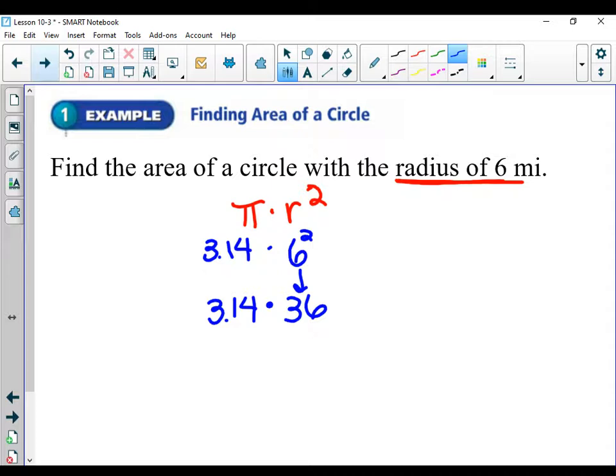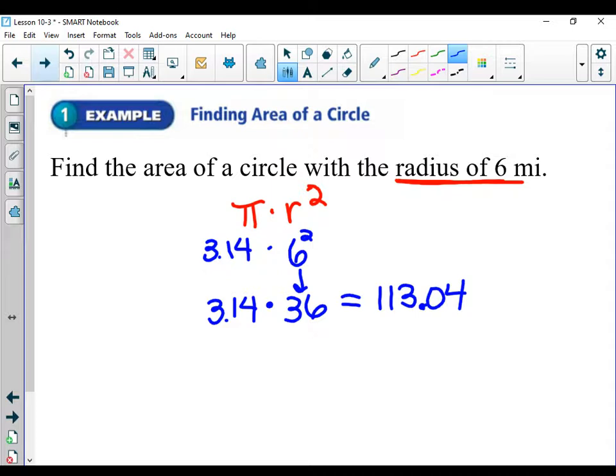We're trying to keep those in our backpacks, right? 113.04 is what Savannah got.